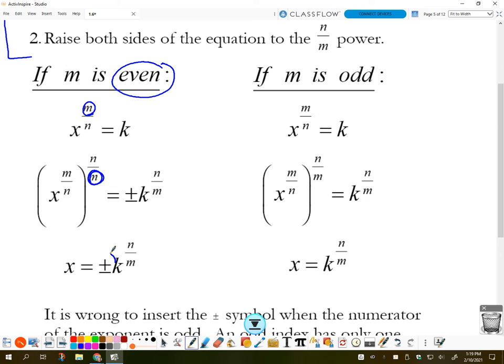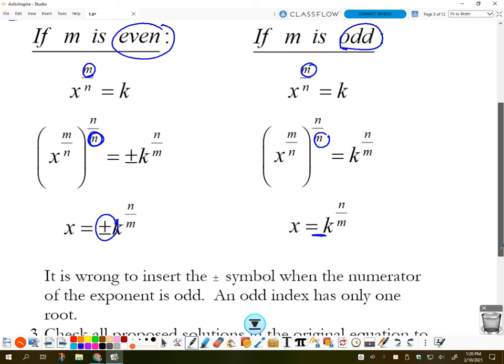So that means you got to put a plus or minus because you're taking a square root or a fourth root. Okay? If we have odd as this guy, which becomes the denominator when we raise it to that power, then we don't need the plus or minus because odd roots only have one answer.